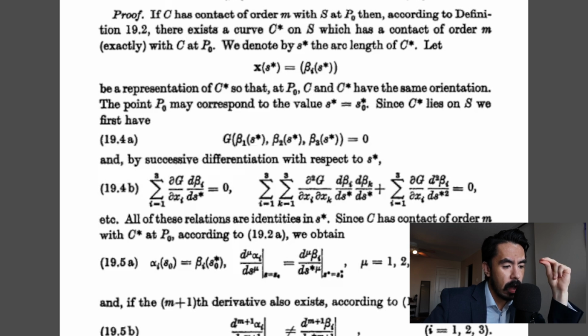The sum from i equals 1 to 3 of partial g partial xi times d beta sub i d s star equals 0.